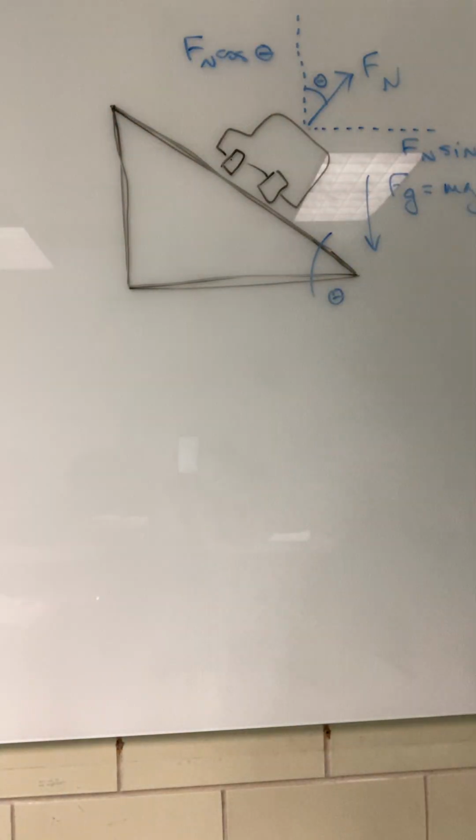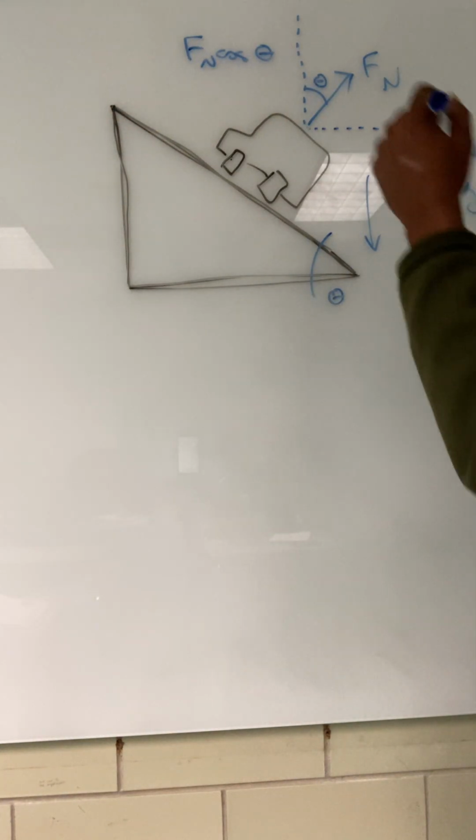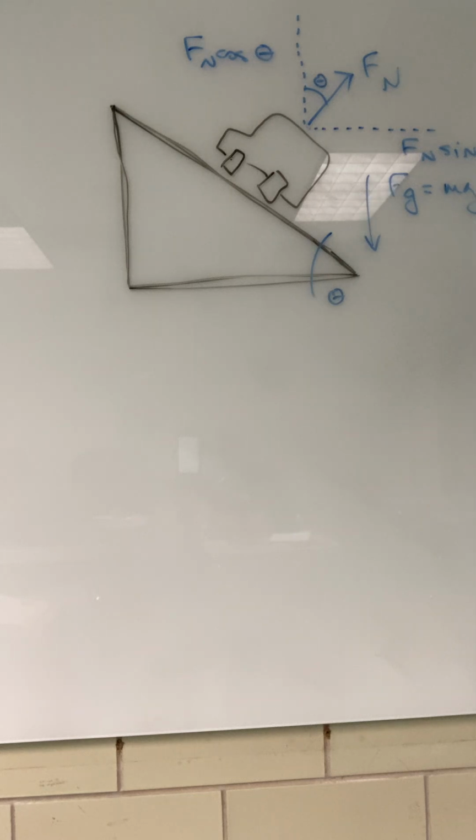Yeah. So now, we also know that since we're traveling in a circle, then from Newton's laws, whenever an object travels in a circle, it accelerates towards the center of that circle.